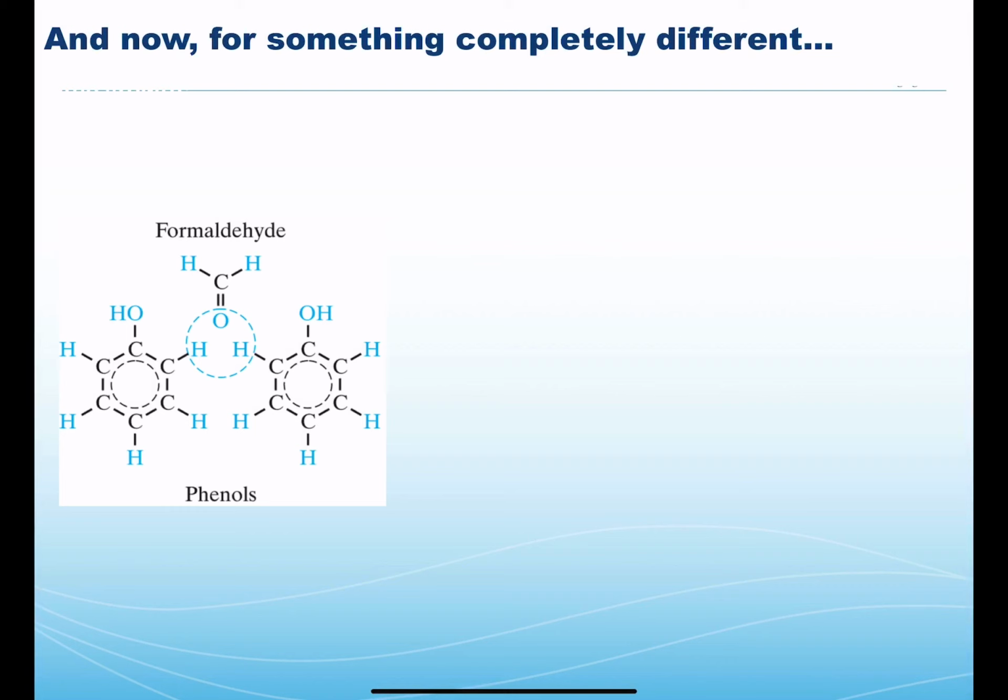Okay, so to elaborate on that, here's some of the details. So here's the formaldehyde molecule atop, and we have 2 phenol molecules below to show a detail of this reaction. This clearly involves a different mechanism, no longer using radicals, but we are going to generate a driving force to polymerization by eliminating a small molecule.